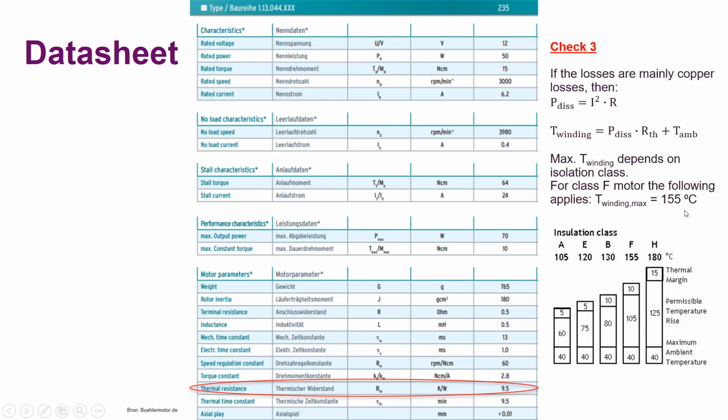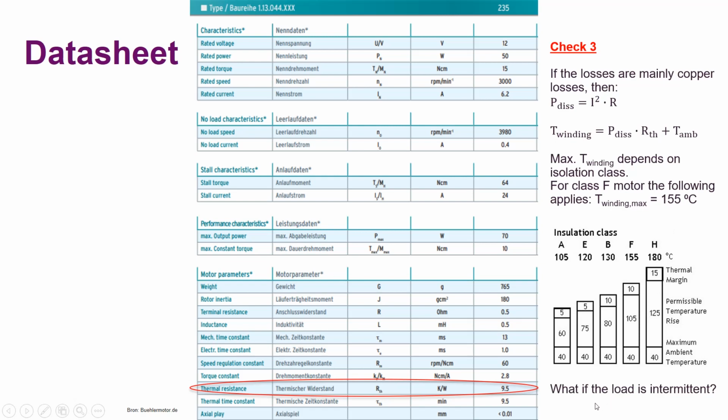But be careful, because you have tolerances on the motor parameters, perhaps tolerances on your load, and also when the motor is heated, the resistance goes up and the dissipation becomes more, so the winding temperature will increase even further. So you have to derate this factor. So stay well below the maximum value of 155 degrees.